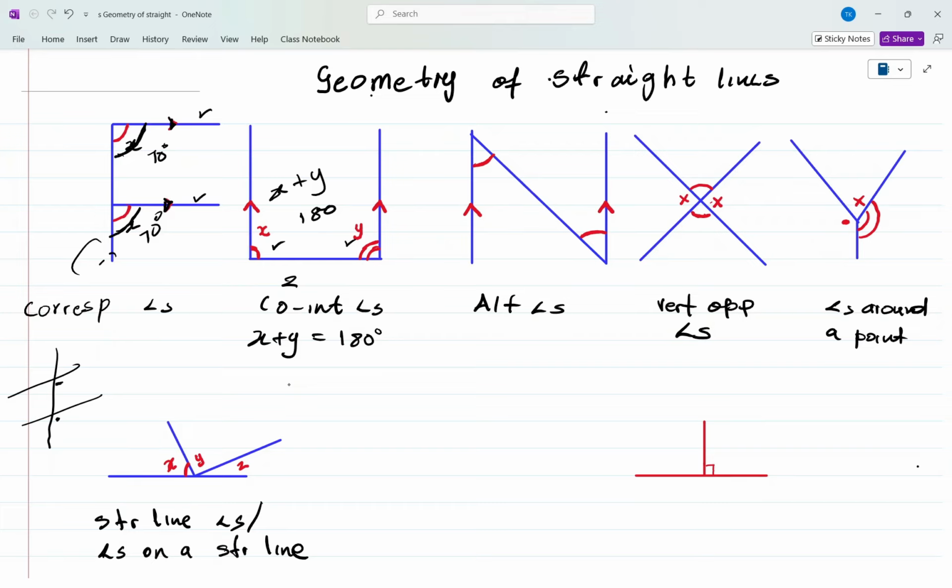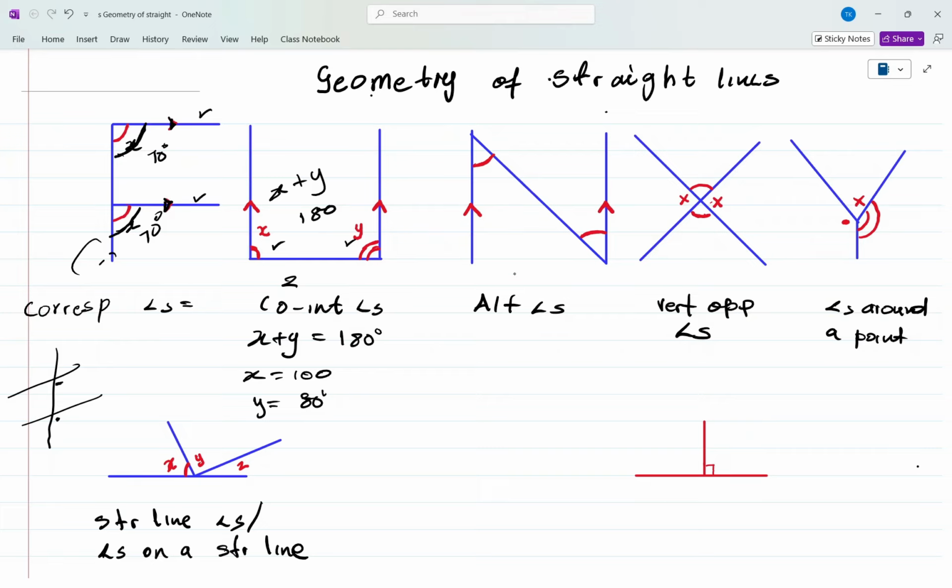Corresponding angles are equal. However, co-interior angles are not equal. They are supplementary, meaning that if I get the value of x as 100, then I can expect my y to be 80, the remaining part of 180. So it will make more sense when we are doing questions based on this.